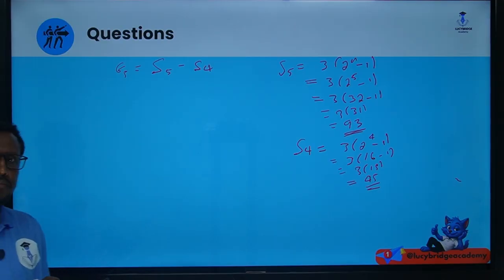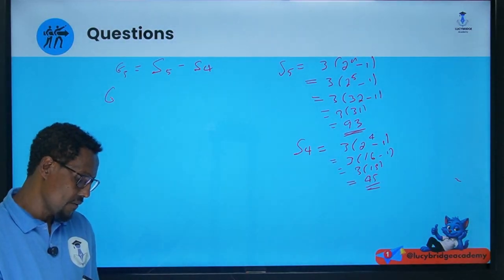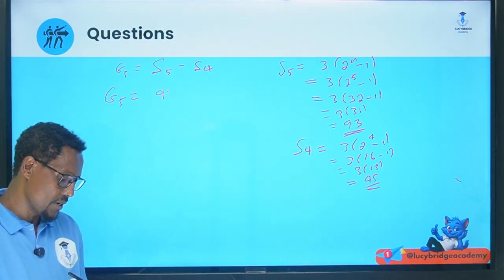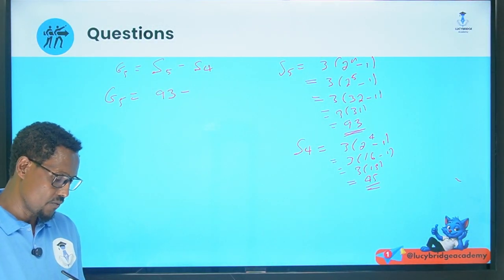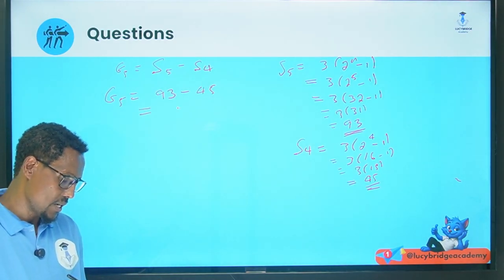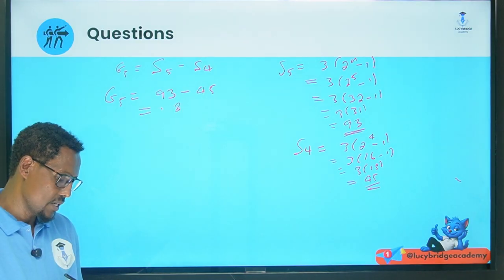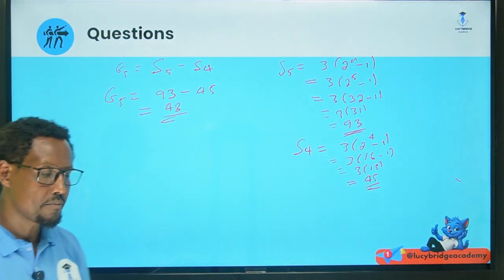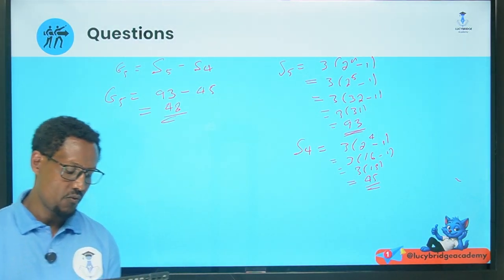Therefore, G5 is equal to S5, which is 93, minus S4, which is 45, which is 48. So the fifth term is 48.